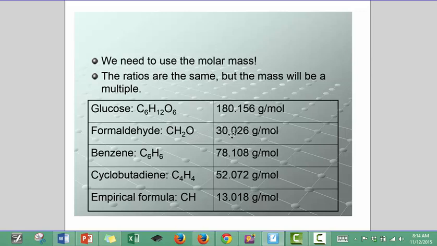That's a 1-to-1 ratio for formaldehyde. 180 is 6 times as big as 30, so we have C6H12O6. For benzene and cyclobutadiene, the empirical formula is CH, so that molar mass is 13. 52 is 4 times 13. 78 is 6 times 13, and that's where we get our multiples of our empirical formulas.